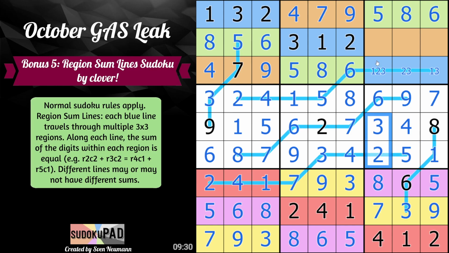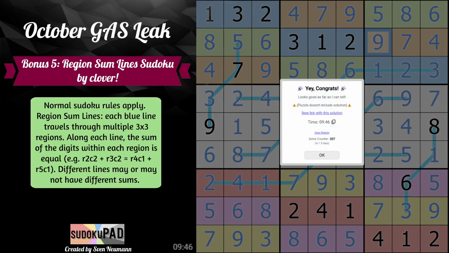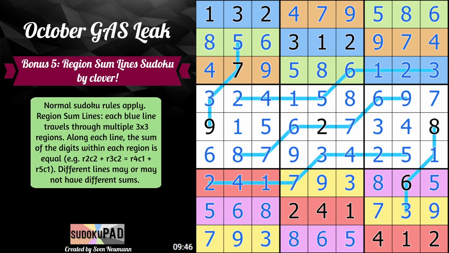Finally, we have 2, 3, which gives us 1. 1 gives us 3, and actually we had the 1, 2. And then 3 gives us 2 here. And then finally, we need to place 4, 7, 9. 4 goes here, 7 goes here, and to finish this off just under 10 minutes, at 9:46 is a 9 there, and we're done for our region sum lines.